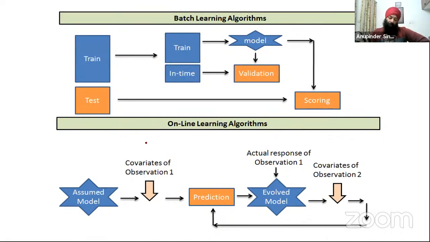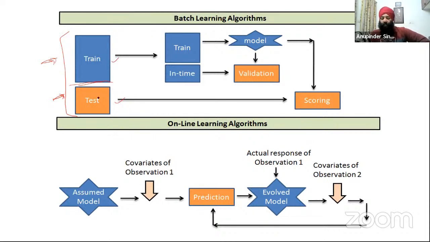When you talk about batch learning algorithms, what generally happens is you take the data and you split the data into test and train. So this is a general basic practice. The best practice is that the data set used for training the model is divided into two: one is the train set and one is the test set.